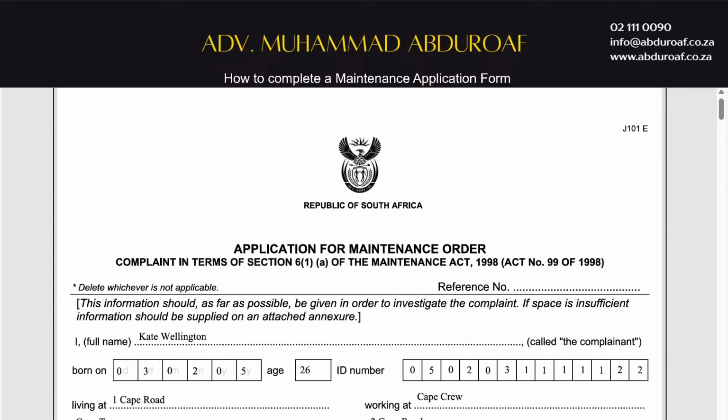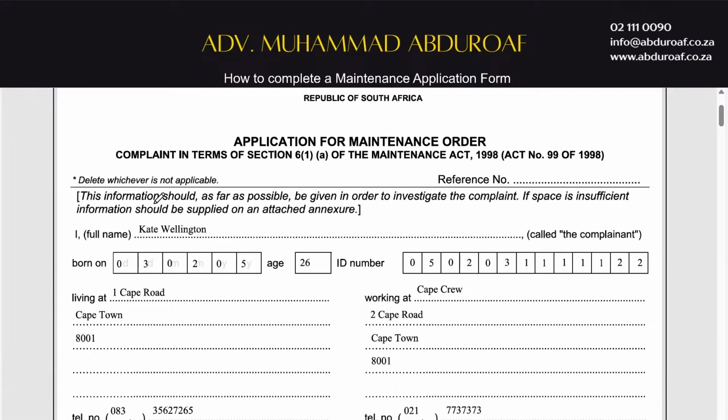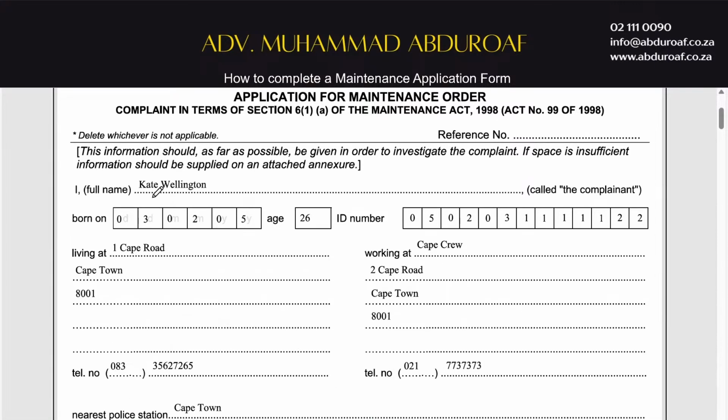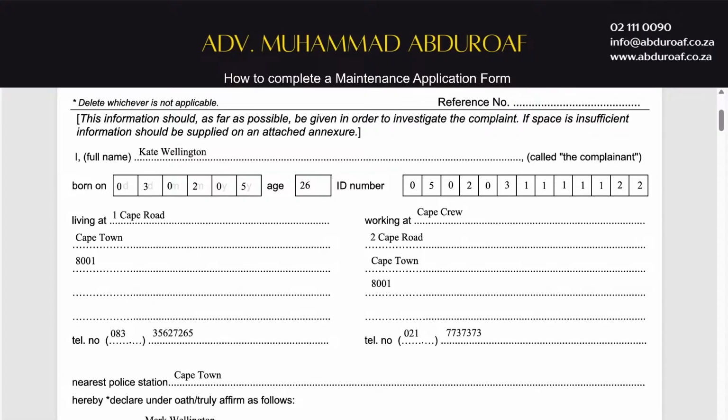Now, the form in front of me, as I mentioned earlier on, is a form I have downloaded, and I have completed that specific form as well. You can see here in front of you on the screen, I've completed some information, and I provided some fictitious information to the specific person. I called the specific person the applicant or the mother. I called her Kate Warrington, and she lives in number 1 Cape Road.